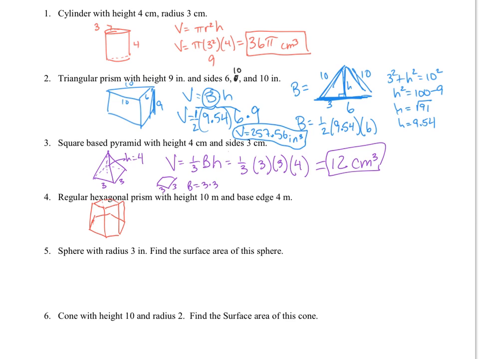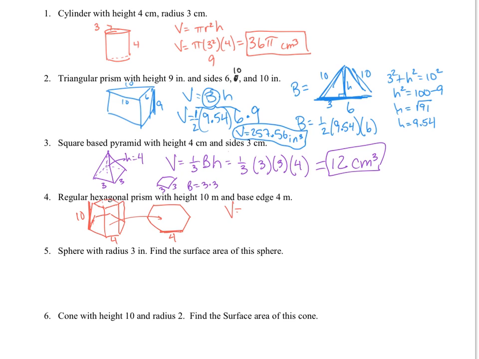And these should be dotted in the back. Anyway, I'm going to put it right here so you can see that this is the hexagon I'm dealing with. The base edges are 4, so that's 4 like this. So this is this hexagon, and the height of this thing is 10.